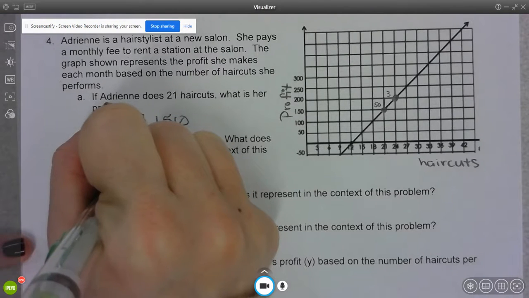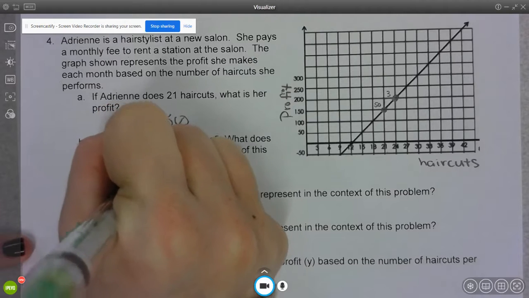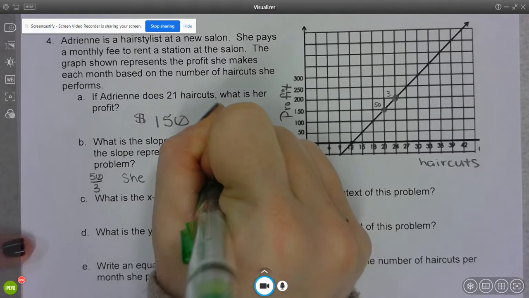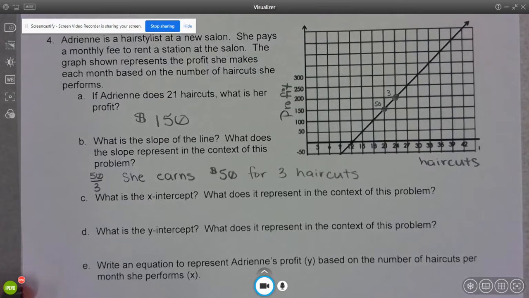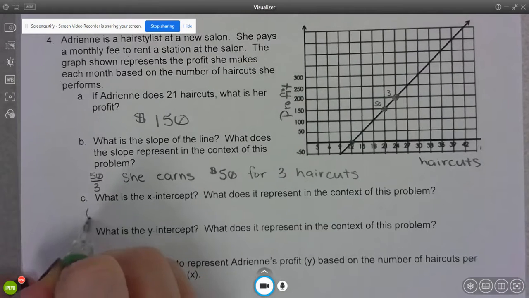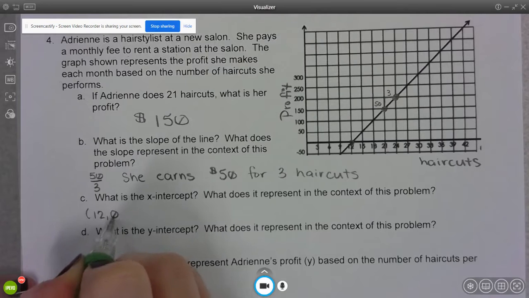So she earns $50 for 3 haircuts. Oh, and it froze naturally. All right, the x-intercept here is 12, 0.